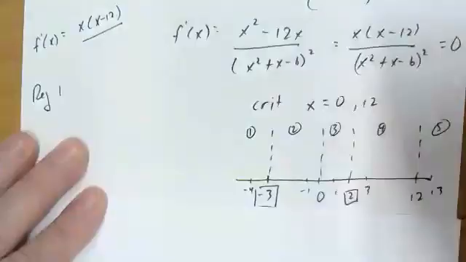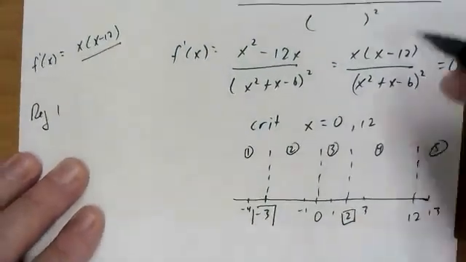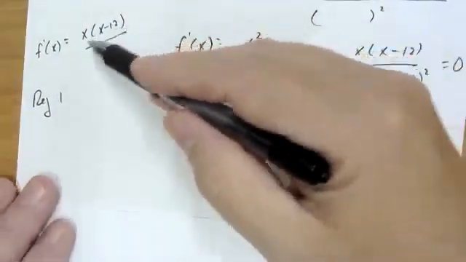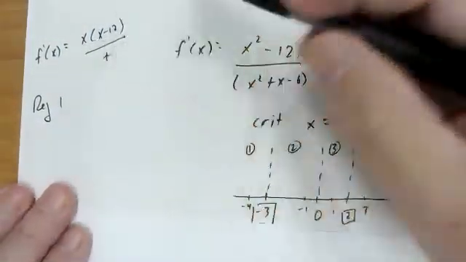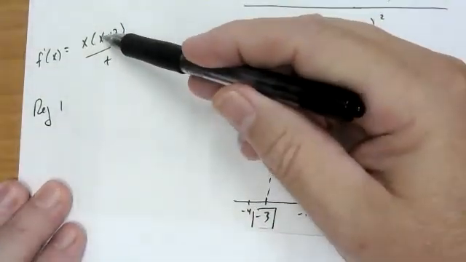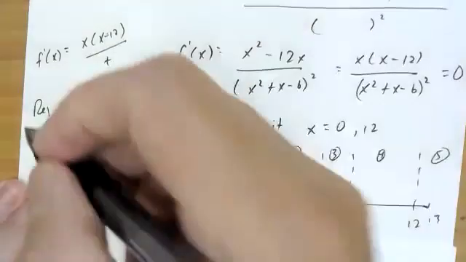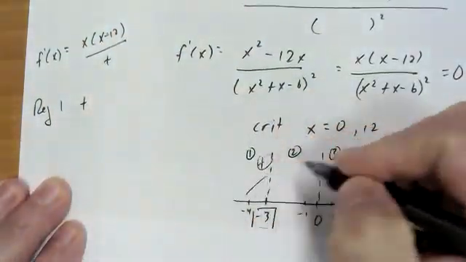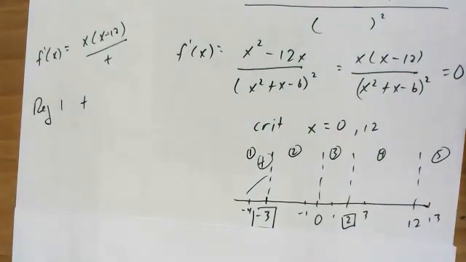And actually, you know what? Since its bottom is squared, the bottom's always going to be positive. So once again, the whole key is what's going on in the numerator. So I can do this pretty quickly. Because I plug in -4 into here, it's a negative times a negative. Region 1 is a positive region.